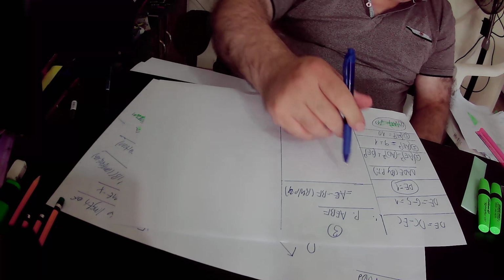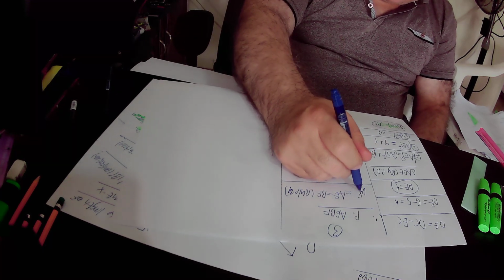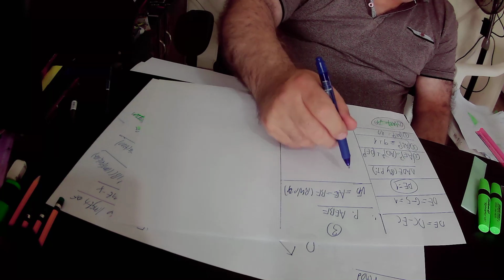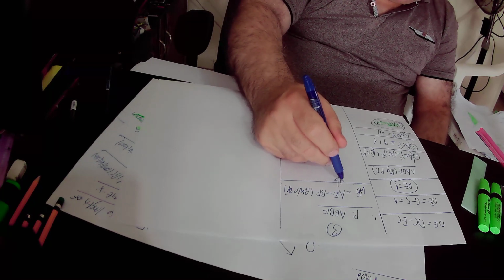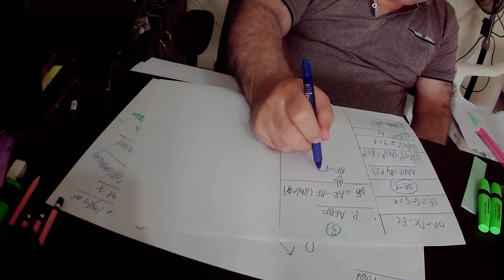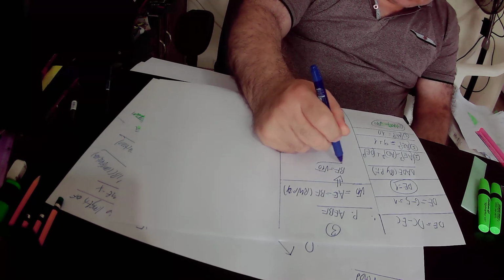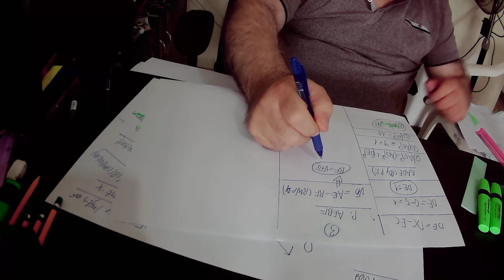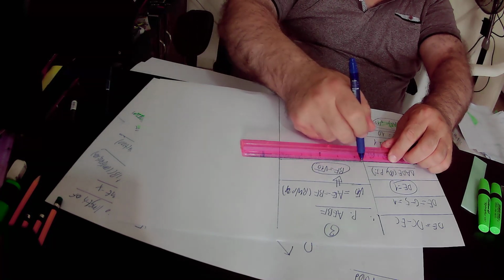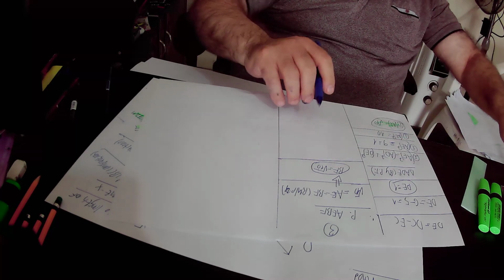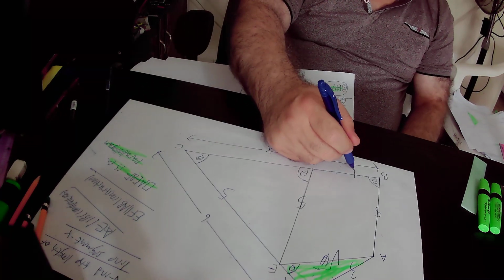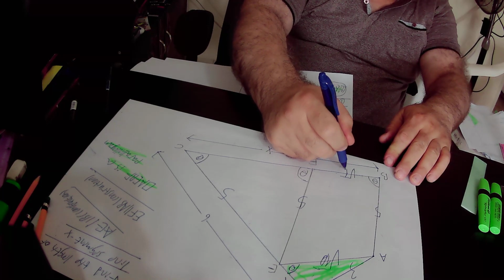So the square root of 10 units equals AE equals BF. We will derive that BF is also equal to the square root of 10 units.